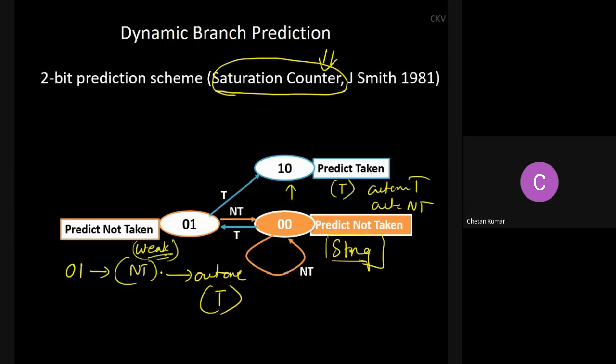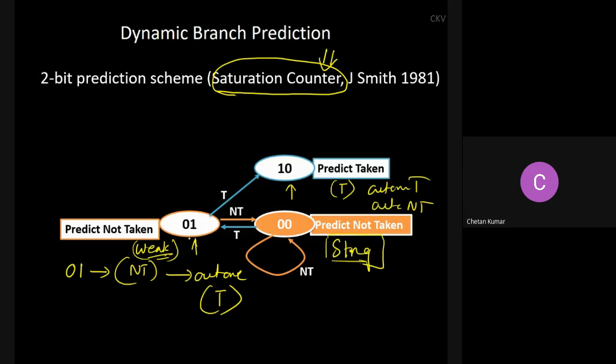So here there is a slight difference. Whenever you are in the strong state, you have to be wrong twice to change states, but whenever you are in the weak state, you have to be wrong only once. That's the basic idea.